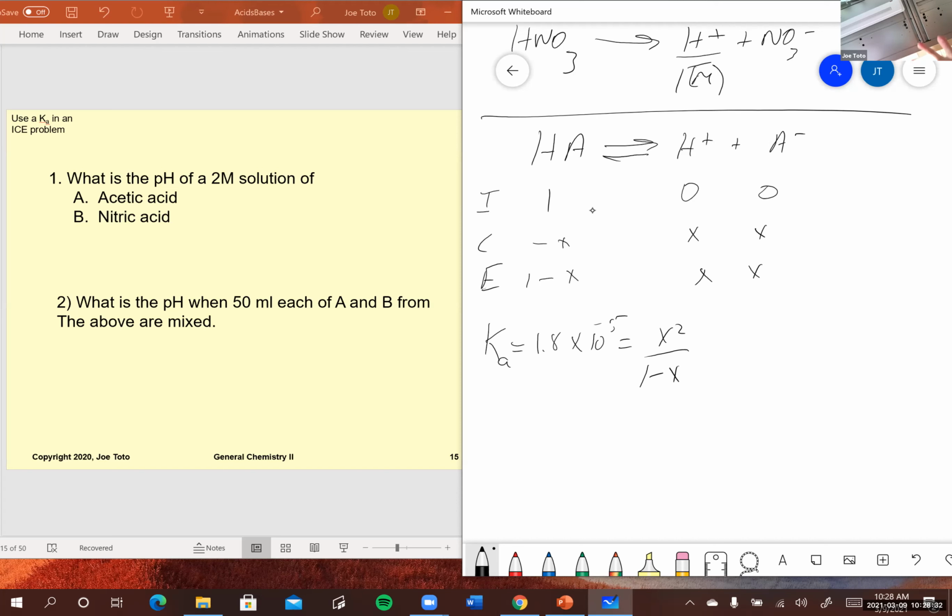But that's not really the true situation, because once I mix it, this ice table is wrong somewhere. Can anybody see where I made a mistake in the ice table? I'll give you a clue. It has to do with the initial. No one see it yet?